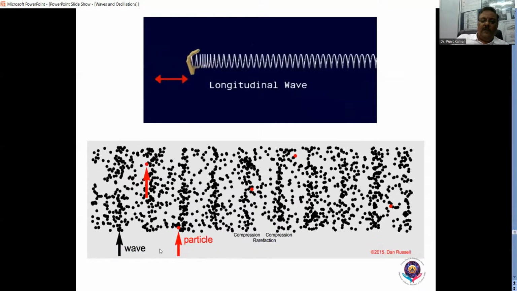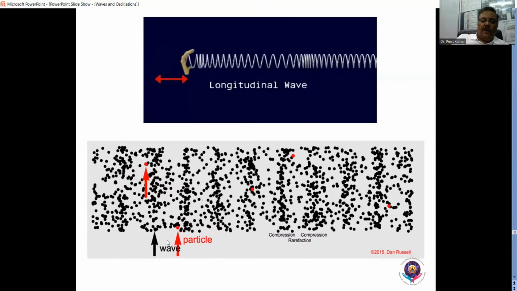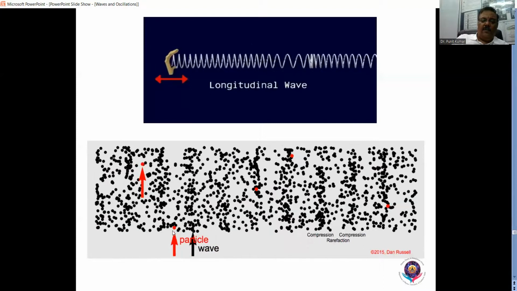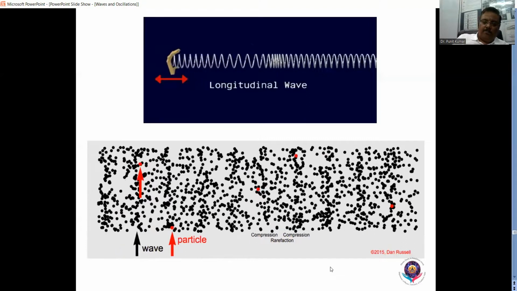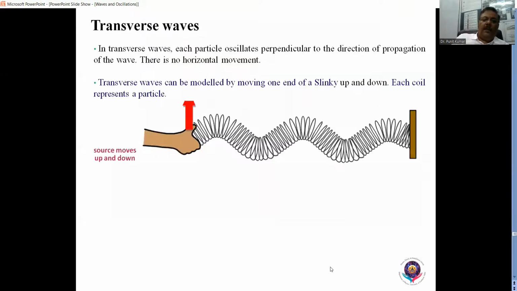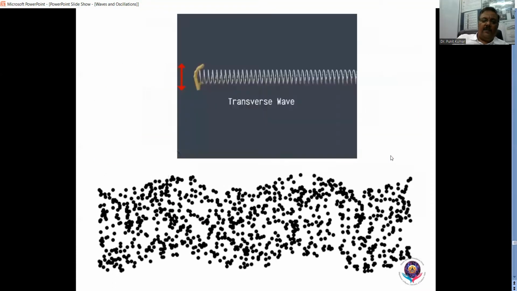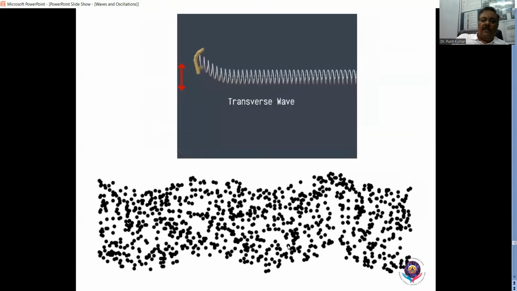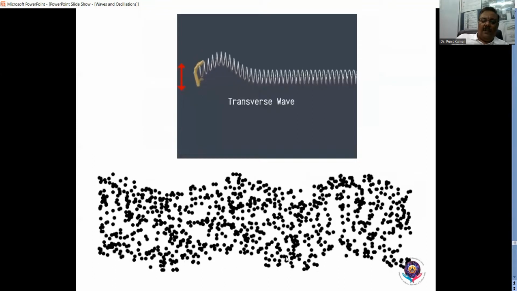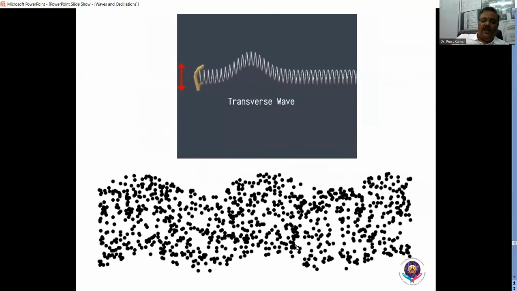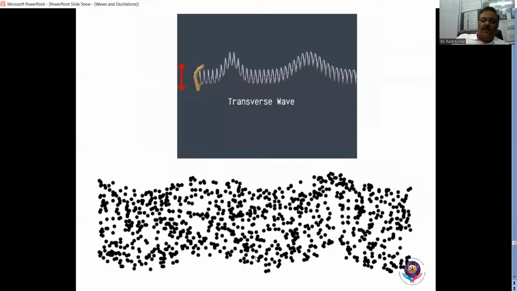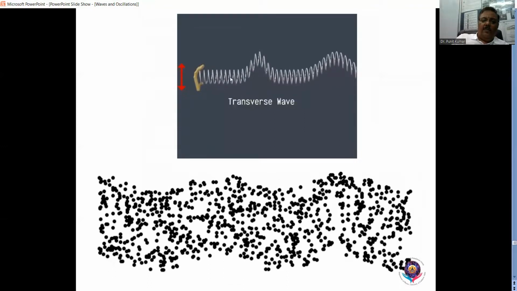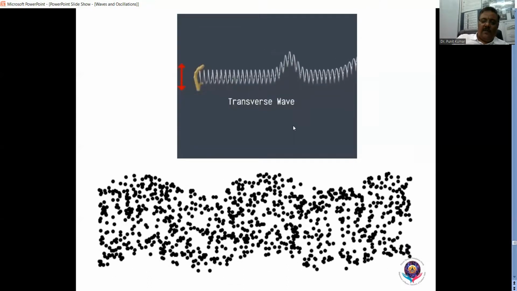The wave is moving, but the particle is not moving. The particle is oscillating only at its place. If the oscillation is perpendicular, then it is a transverse wave. The particles are oscillating in the vertical direction and are not changing their position in the horizontal direction. Such a wave is called a transverse wave.